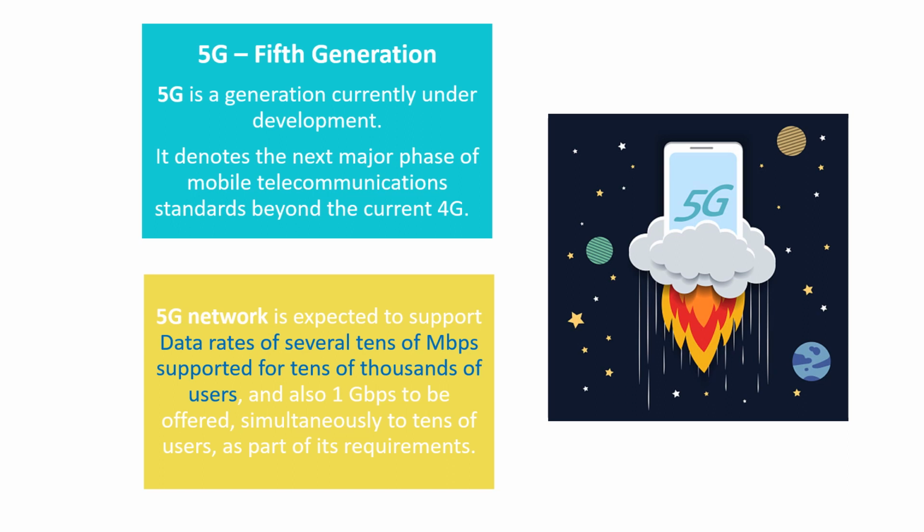This 5G network is expected to support data rates of several tens of Mbps for tens of thousands of users, and also 1 Gbps to be offered simultaneously to tens of users as part of its requirements. And we are heading next to 6G, which will be around the 2030s. So we can see what is going to happen.